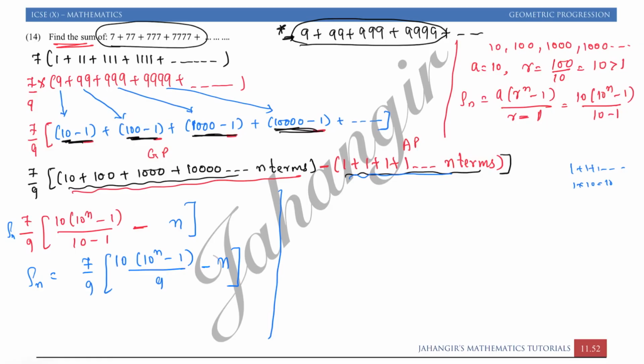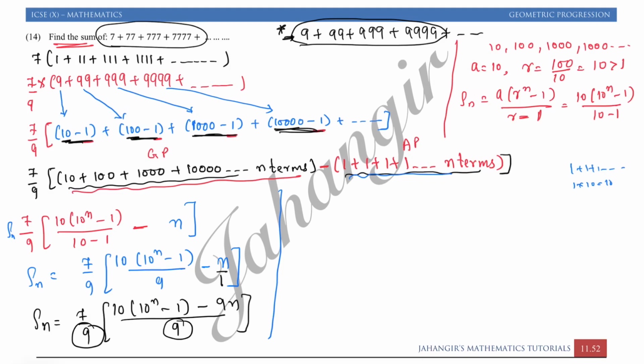Now Sn is equal to 7 by 9. Here we will take LCM, 10 into 10 raised to n minus 1 minus 9n whole upon 9. Just take LCM with this into 9. This 9 and this 9 you can multiply. So you will get, therefore Sn is equal to 7 upon 81.